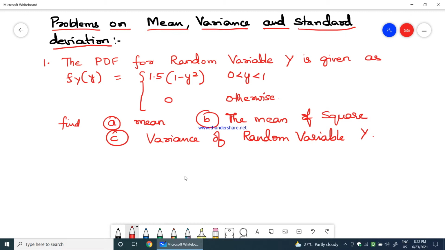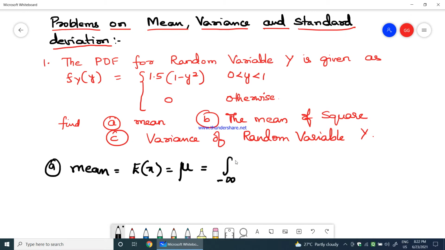Okay, so I think in the video where I have explained the definition of mean, variance and standard deviation, if you go back and look into that video and recall the definition of mean, the mean is given by E of x, which is also equal to mu, which is equal to integration of minus infinity to plus infinity x into f of x, whereas here y is the random variable, so we say y into fy of y dy.